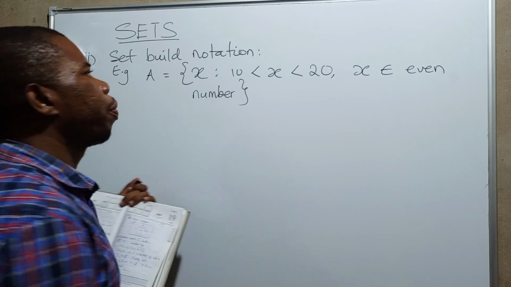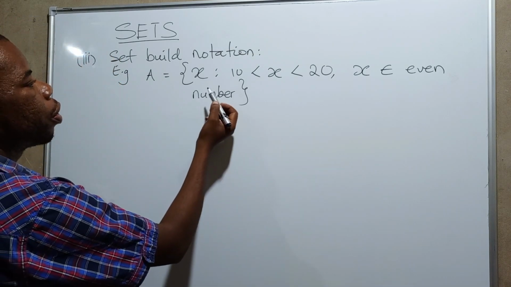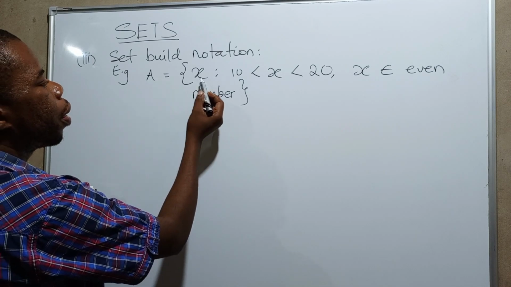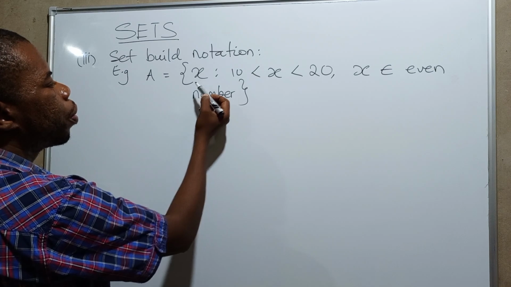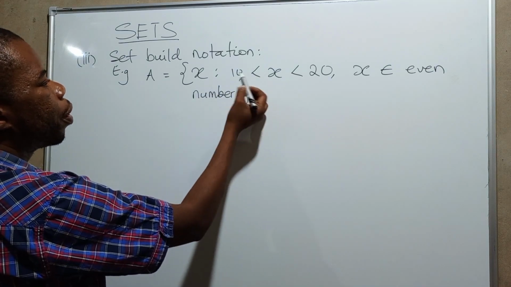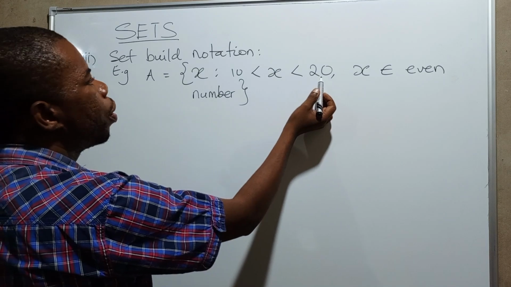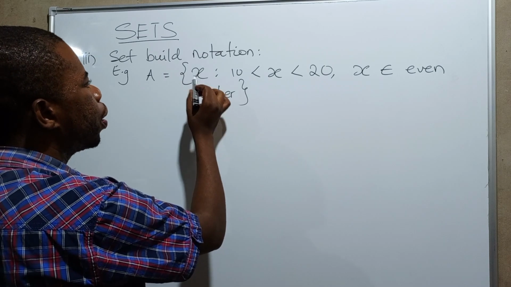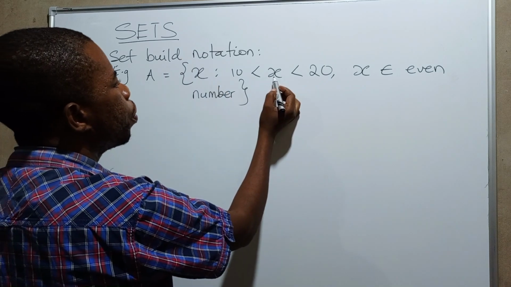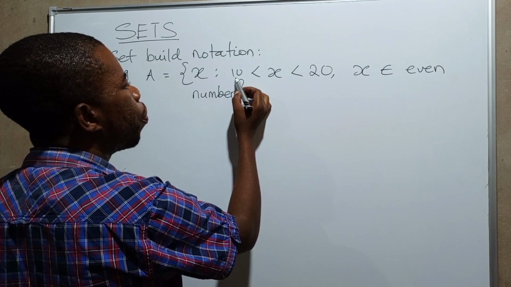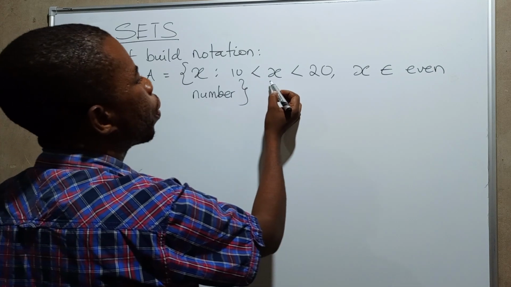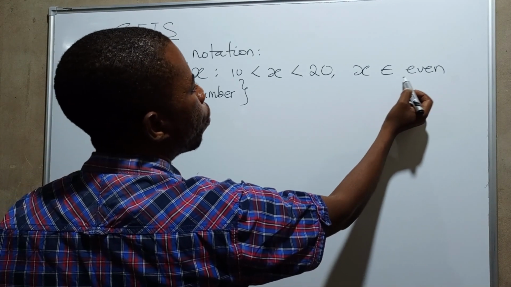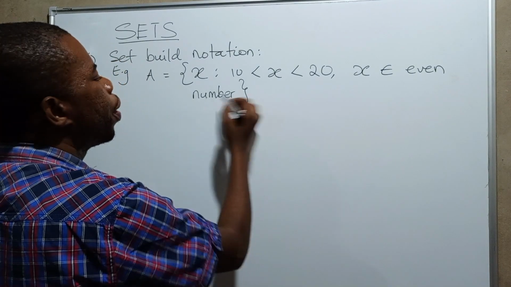So this is another way. Now, this we can read as such. We can say set A is a set of elements such that x is greater than 10 and x is less than 20. So set A is a set of x such that 10 is less than x, and then x is less than 20, where x is a member of even numbers.